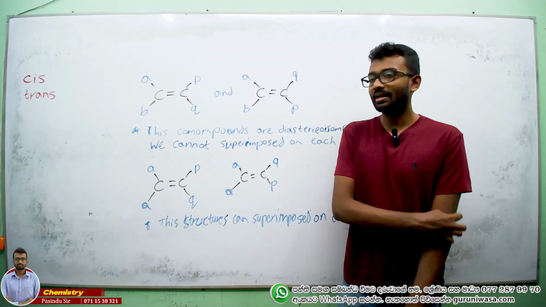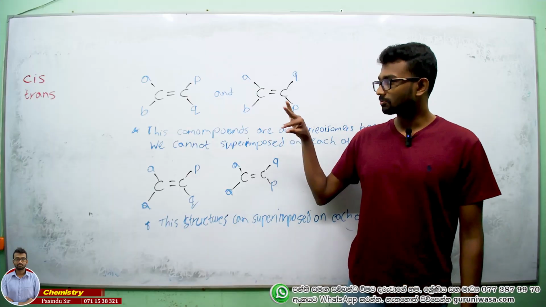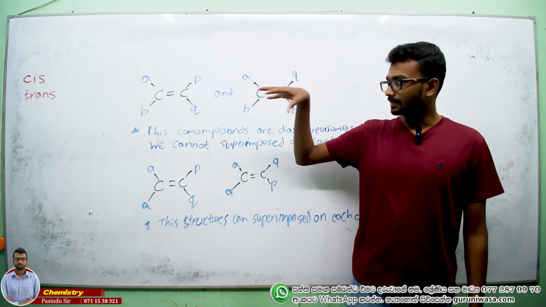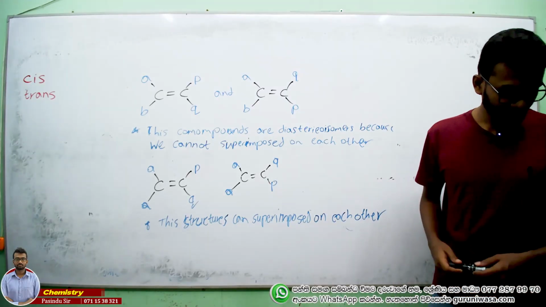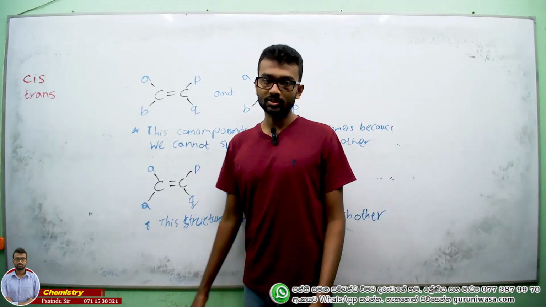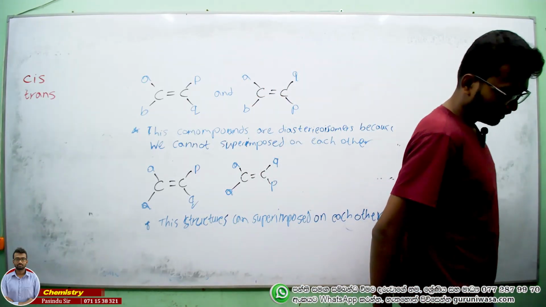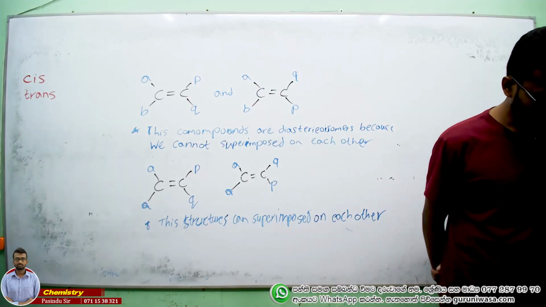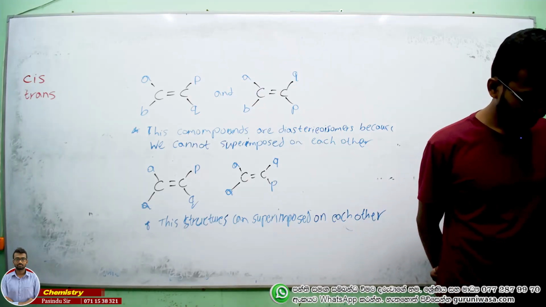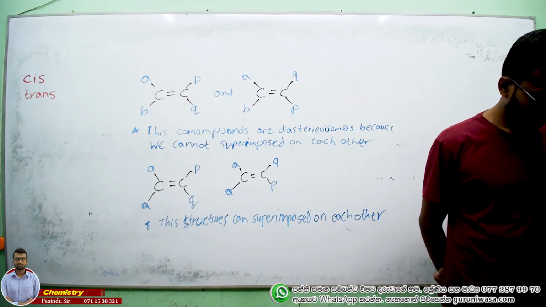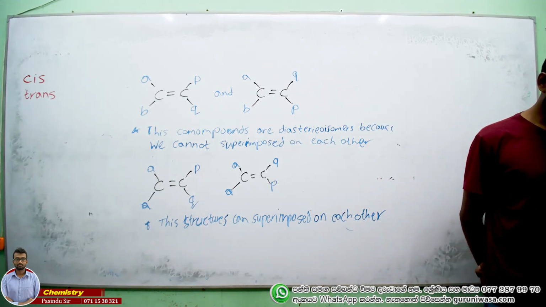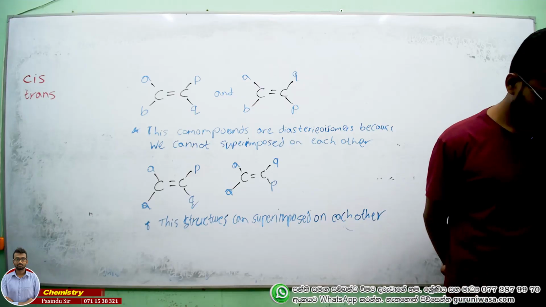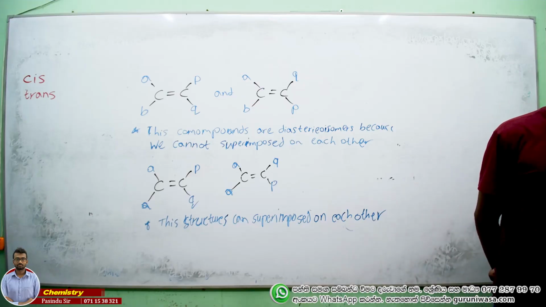It's about the arrangement of groups, so I'll explain it later. For now, just write down: there are two possible arrangements.